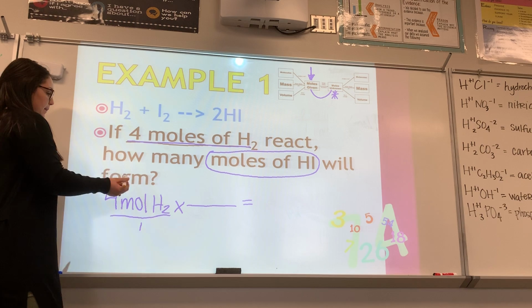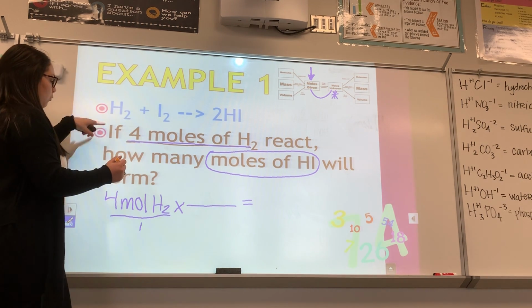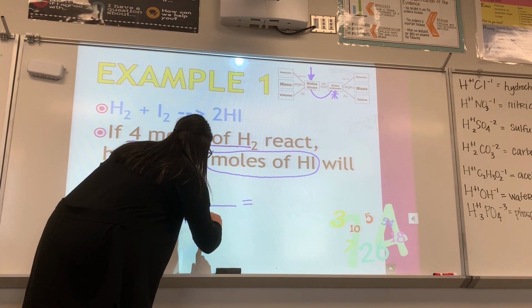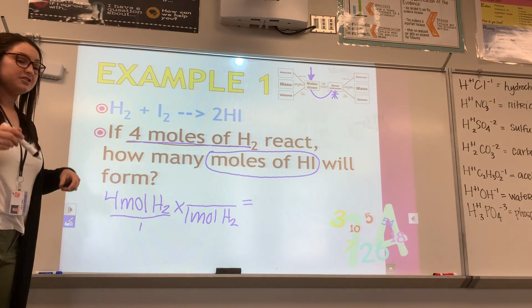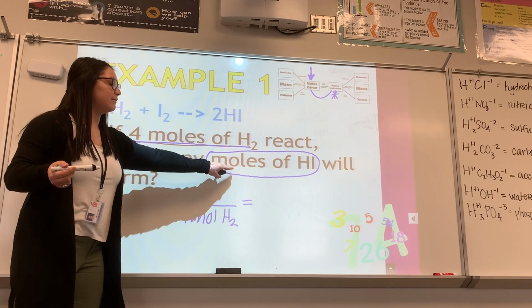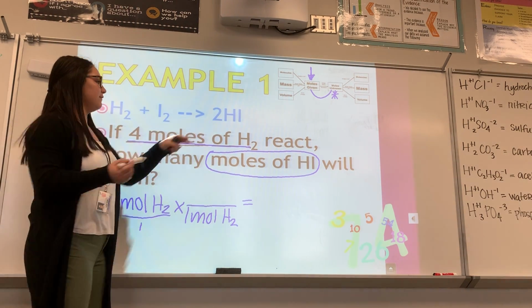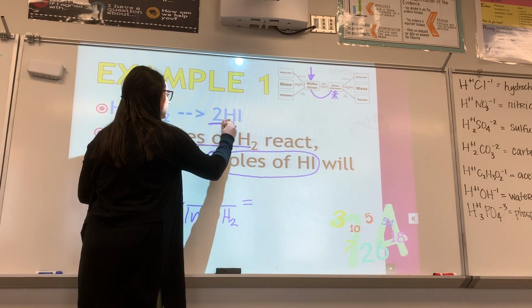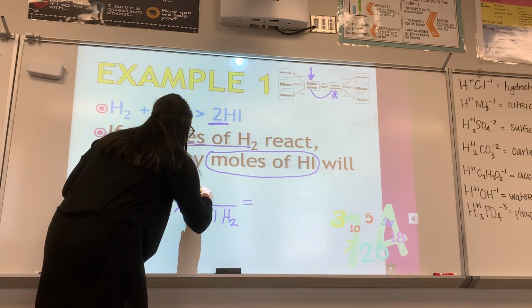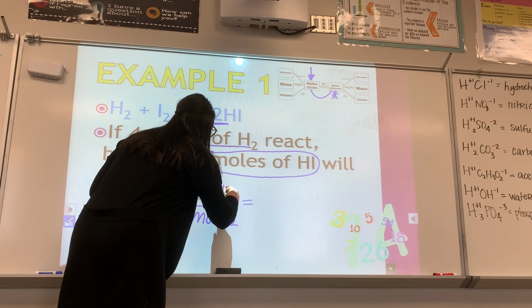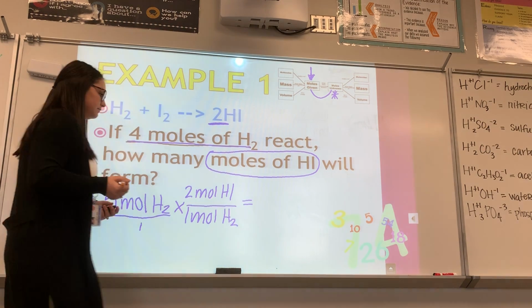I'm going to say I have 1 mole of H2 to every, now I want to find my moles of HI, to every 2 moles of hydroiodic acid. So now I write 2 moles of HI.